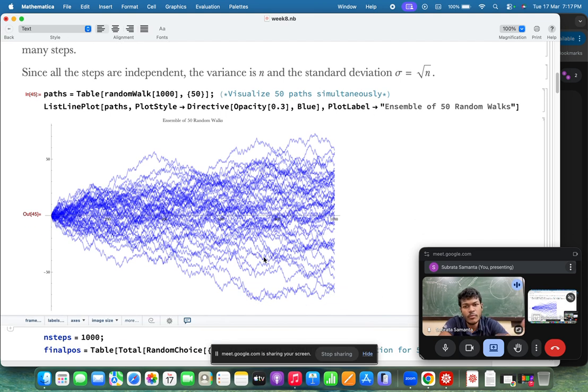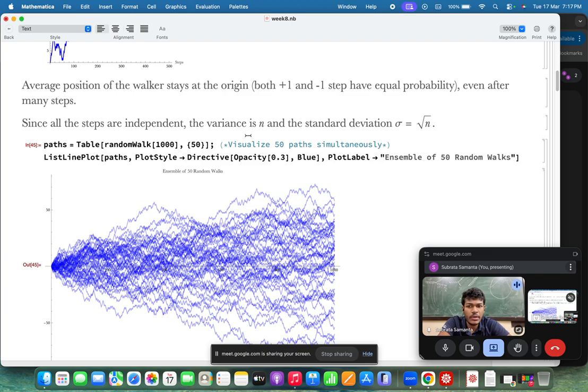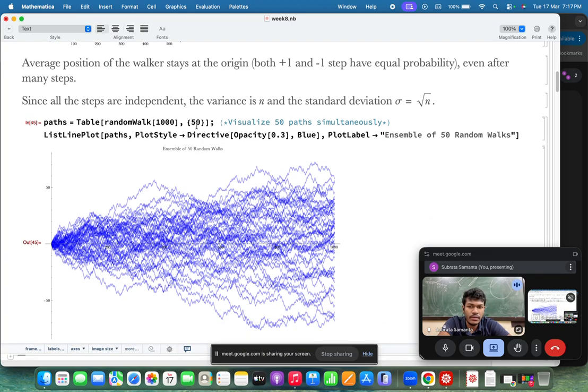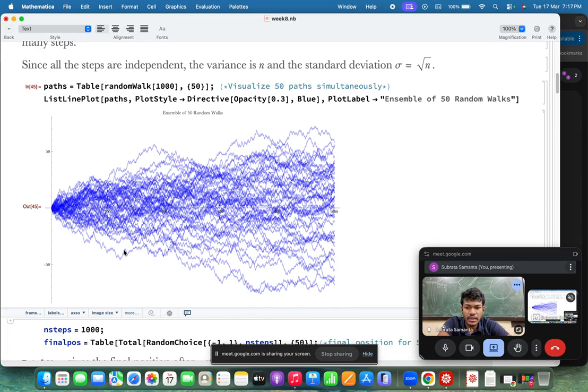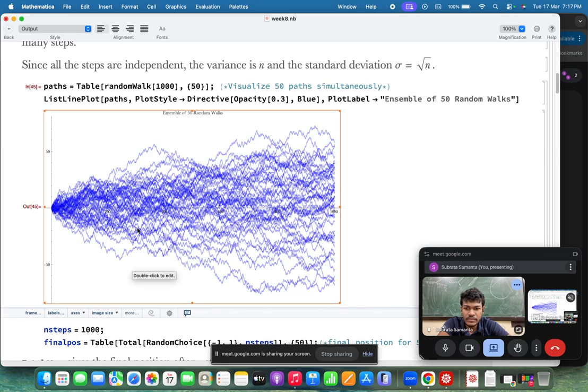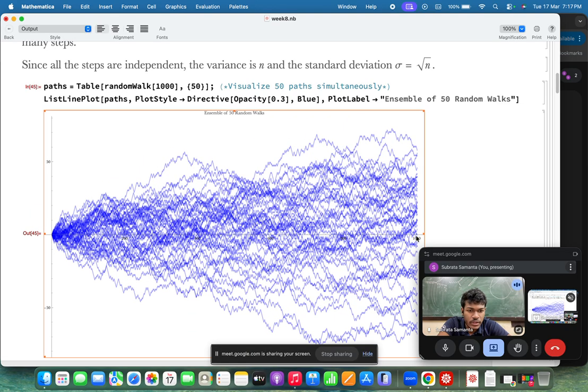Once you increase more and more paths, this becomes clear. And if you also calculate the variance, it is basically n. Once you increase n, your deviation is larger. So if you see, this is your n equals 1000, this one is n equals let us say 400, 200.